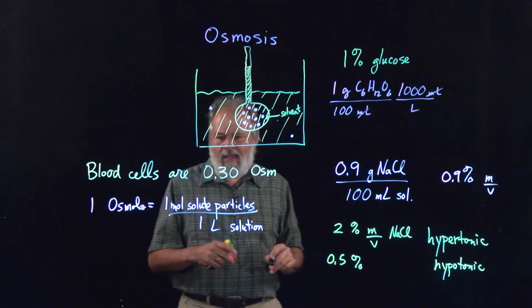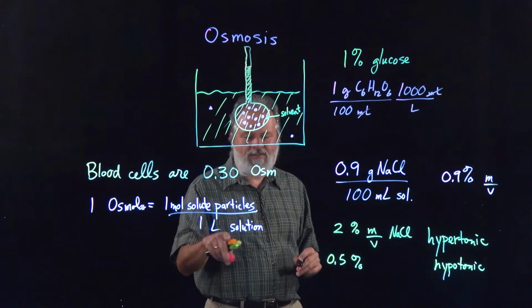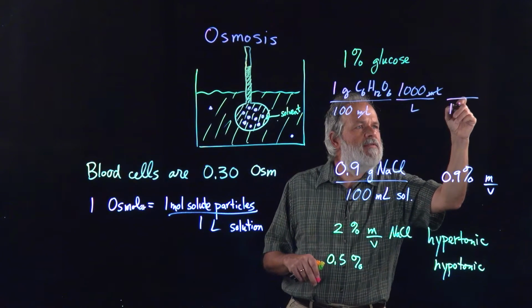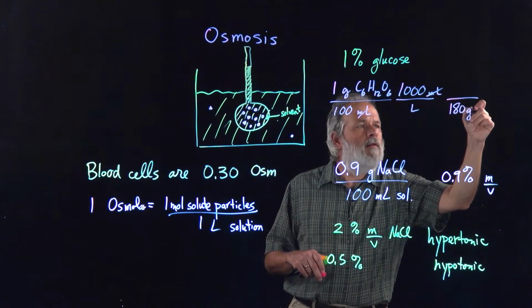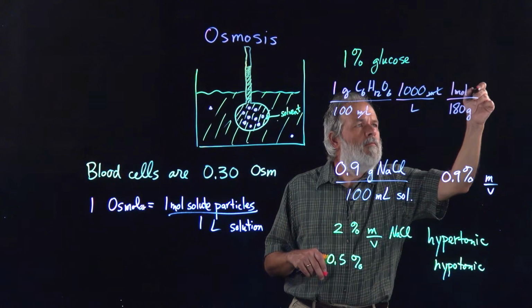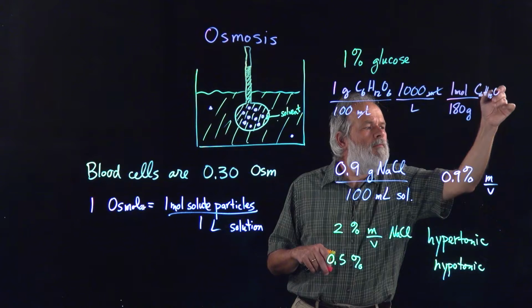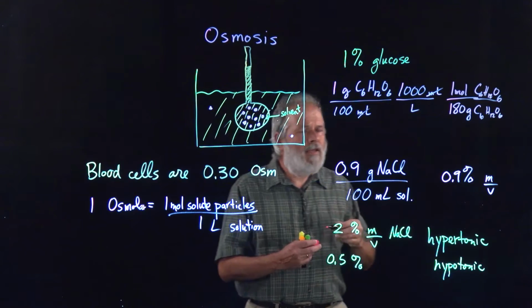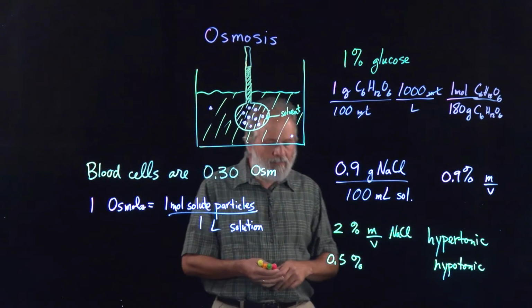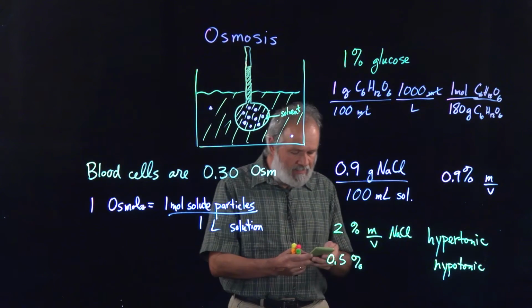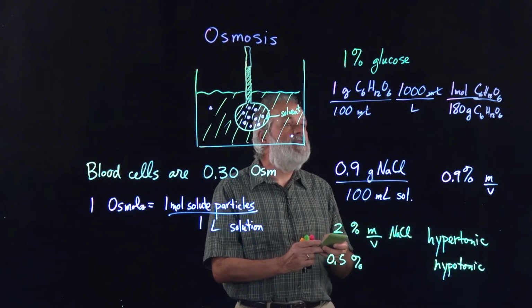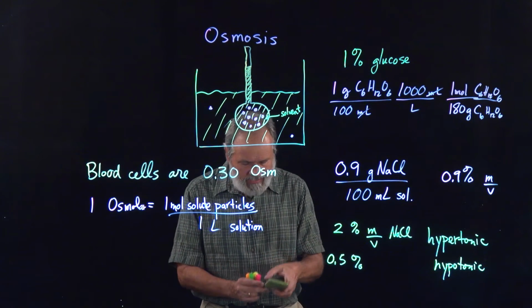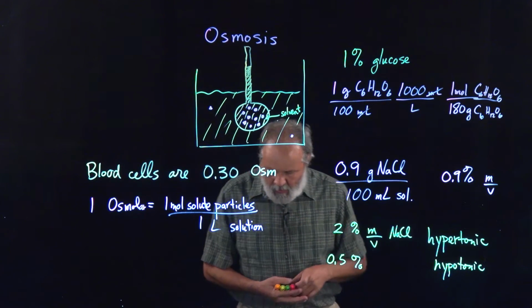Now we need moles of solute particles versus liters of solution. So we need to change the grams to moles, and that's using the molar mass. This will tell us what the osmolarity is of 1% glucose.